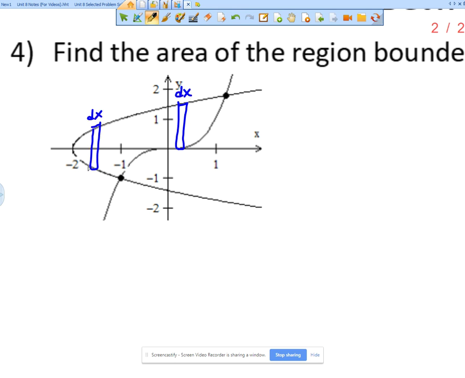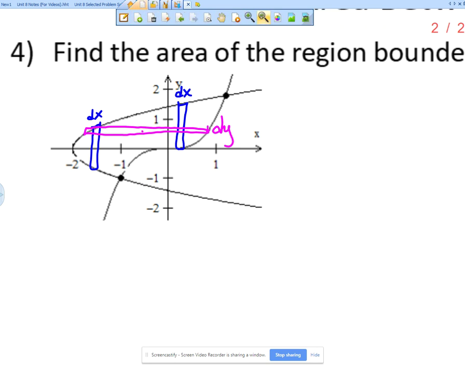Well, if I draw a dx in those two locations, over here the curve y equals x cubed is the lower boundary, but over here, the other curve, the parabola, is the lower boundary. But if I use a dy, no matter where I draw the dy, the right-hand boundary is always y equals x cubed, and the left-hand boundary is always x equals y squared minus 2.